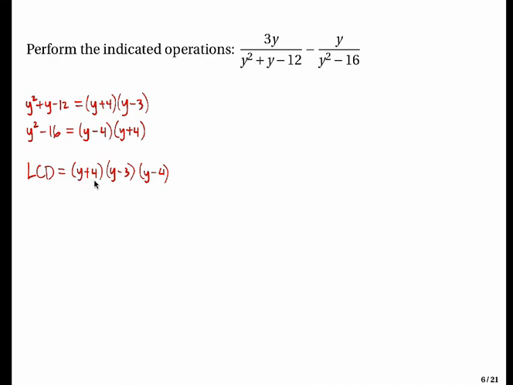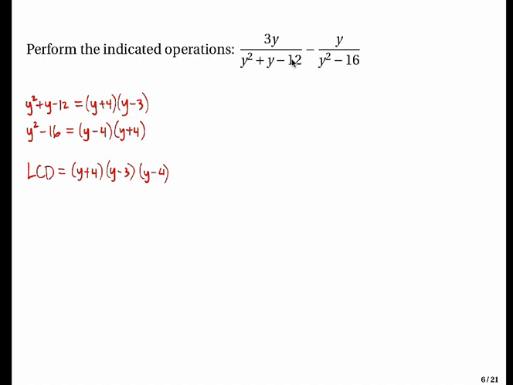So we just have y plus 4 to the power 1. Similarly, for y minus 3, the highest power is 1, because here we have y minus 3 to the power 1, but here there isn't any y minus 3. And also, for y minus 4, the highest power is also 1. Same explanation as for y minus 3.